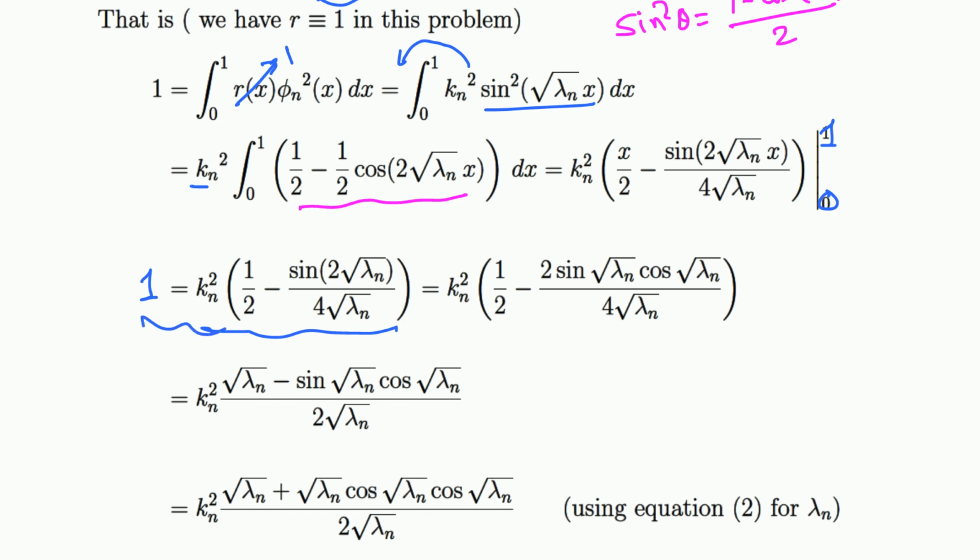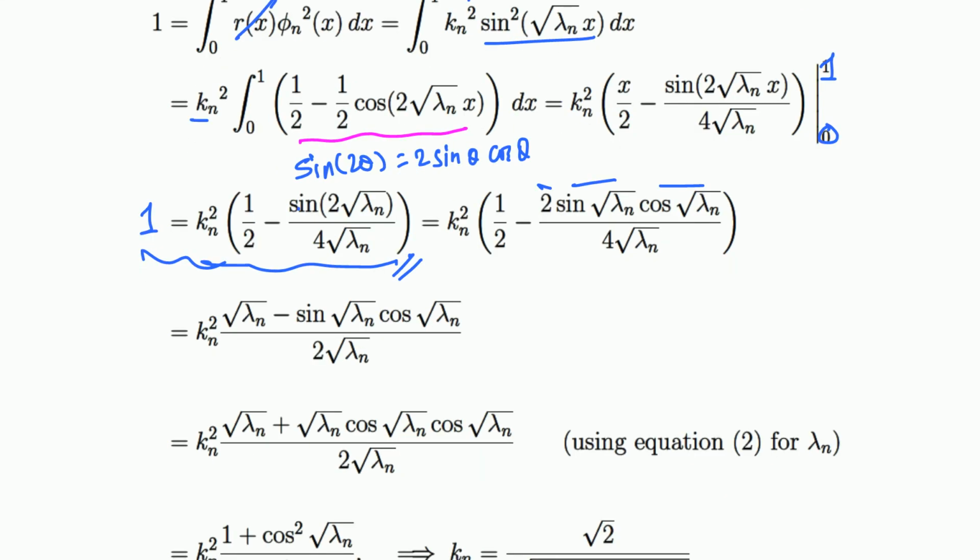But we can simplify this. It is not needed, but we can always use the determinantal equation to simplify. What I'm doing here on the top is sine 2 theta, and sine 2 theta is 2 sine theta cosine theta. So 2 sine theta cosine theta. In the next step, this 2 and this 2 cancel, and we can combine these two fractions. So for kn squared we get this.